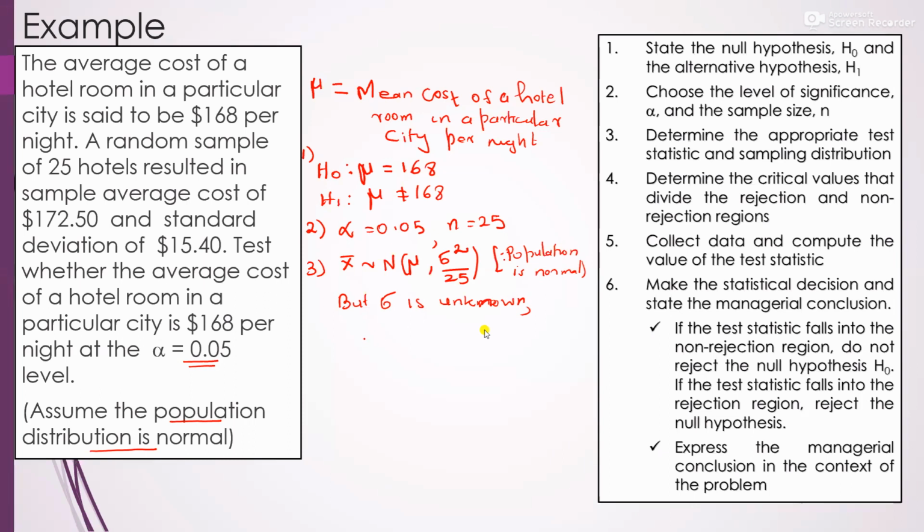Now the test statistic, we can't use Z. Why? Because sigma is unknown. Our test statistic T with degrees of freedom n minus 1, that is X bar minus mu over S over square root of n.